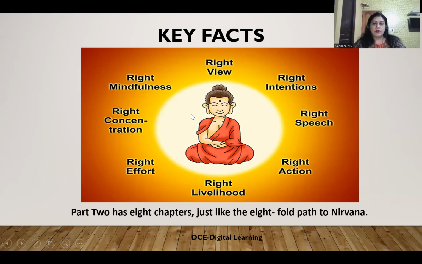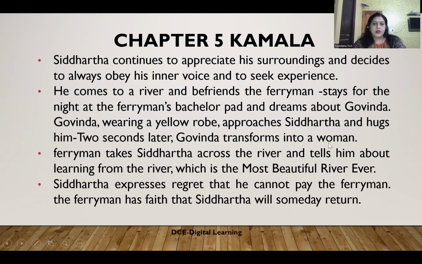So no wonder part B contains 8 chapters, which are symbolic of the 8-fold path to nirvana as prescribed by Gautama. The fifth chapter is titled Kamala.